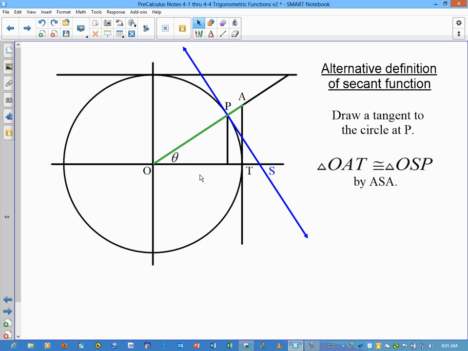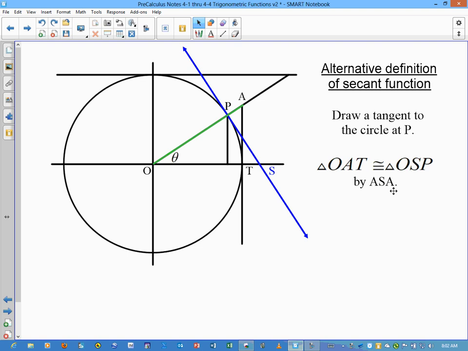And to prove that, we can quickly see that OAT is congruent to OSP because of angle-side-angle. The way that works for OAT, you have the angle theta, then OT is the radius of 1, and then you have a right angle. So you have theta, radius, right angle. And for OSP, you have theta, this radius, and this right angle.